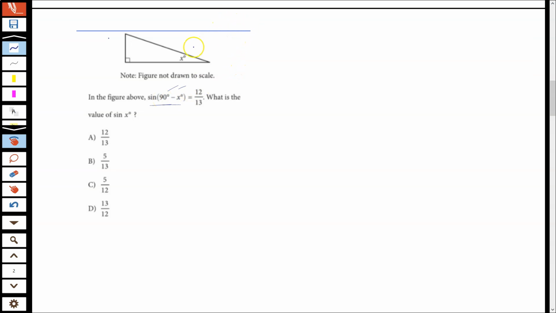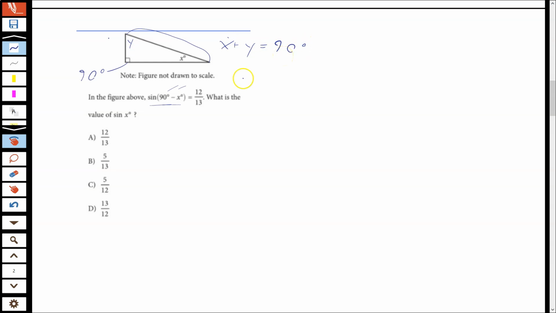I gave you a hint and I told you that this is a triangle sum problem, and maybe that helped you. Okay. So if this angle is 90 degrees, that means my remaining two angles, we'll call this one y, that means x plus y must equal 90 degrees.